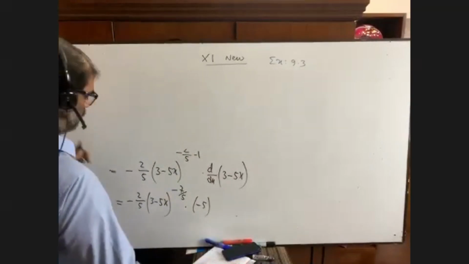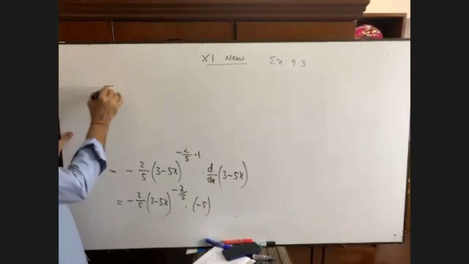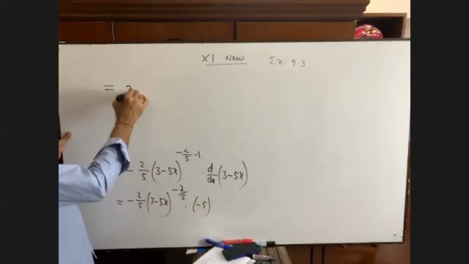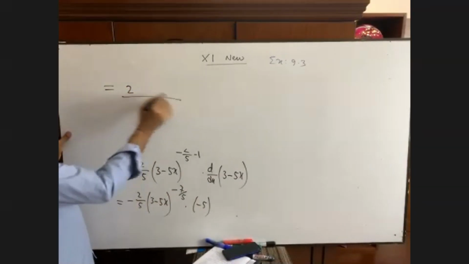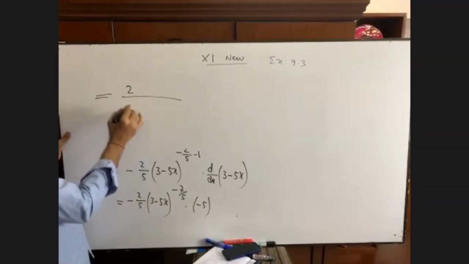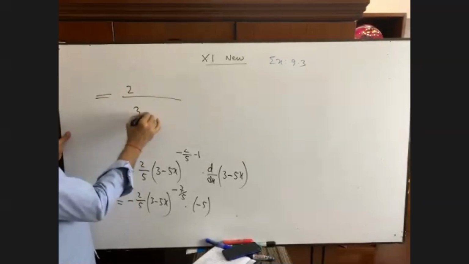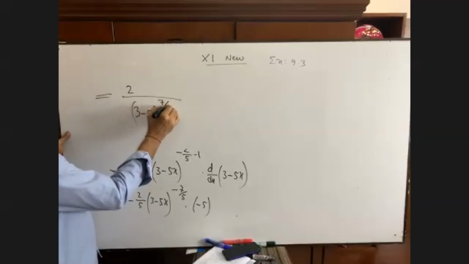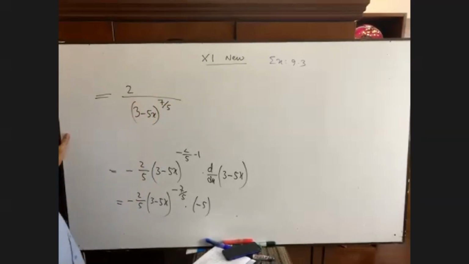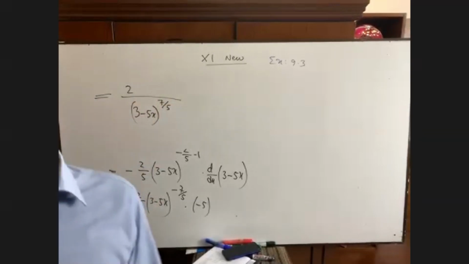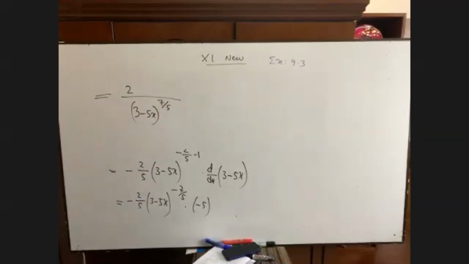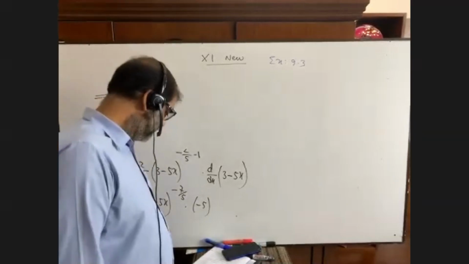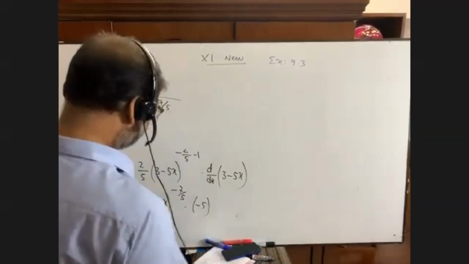So we are getting 2 by (3 minus 5x) whole to the power 7 by 5. It is the answer, okay? Question number 6.